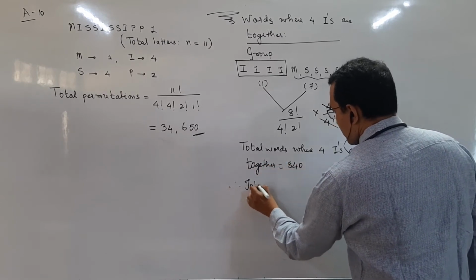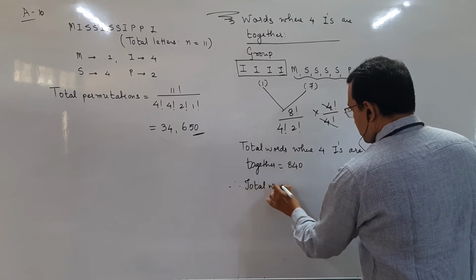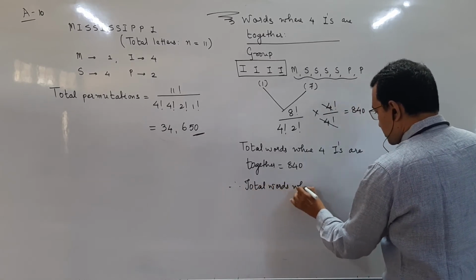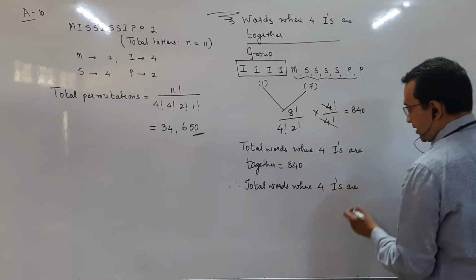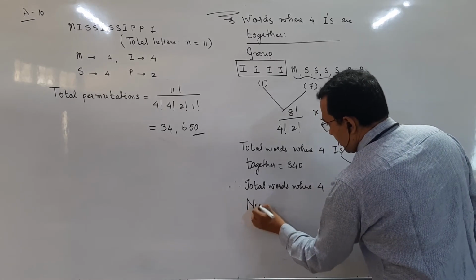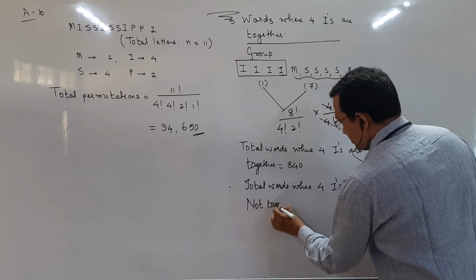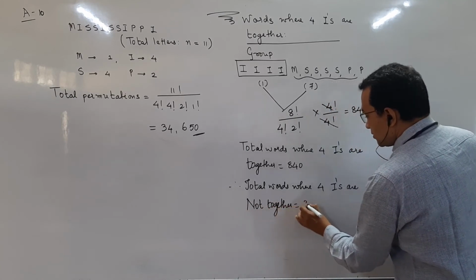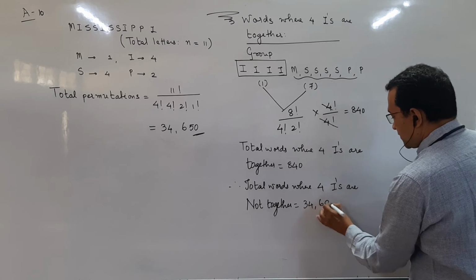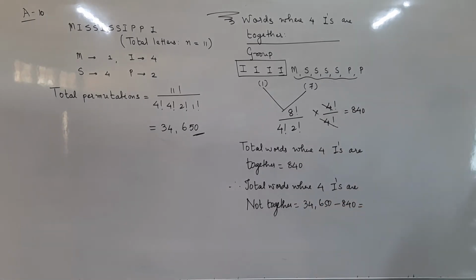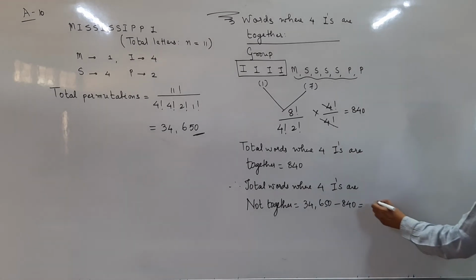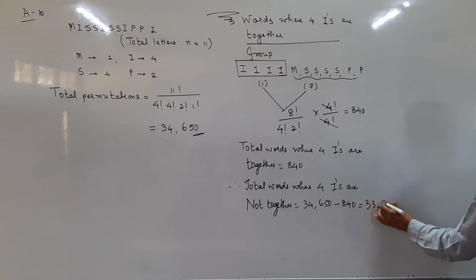Therefore, total words where 4 I's are not together is equal to 34,650 minus 840, and that works out to be 33,810.